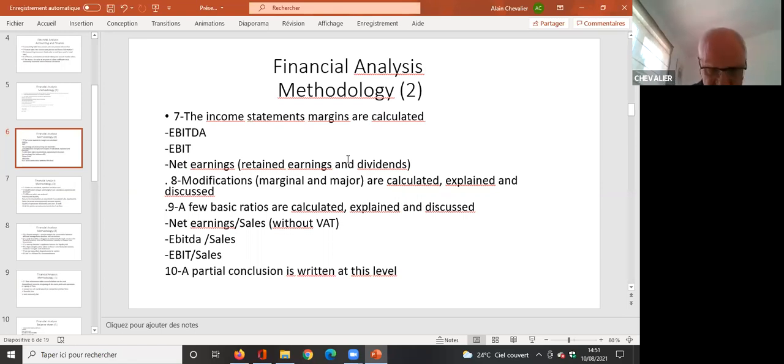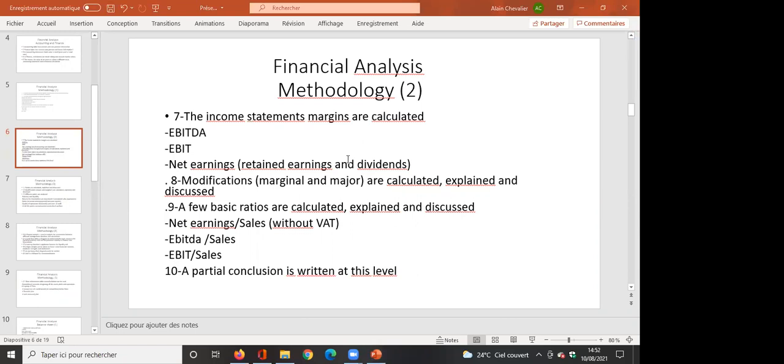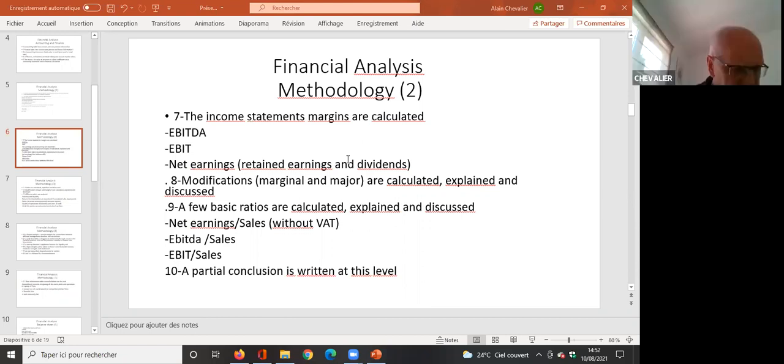So what you have on these two slides is the basic information you need, plus the check for quality, the balance sheet approach, the income statement approach. And you understand that doing that, we use calculations of equilibriums, we use calculation of margins, we use ratios. That's what we do in this simple methodology.